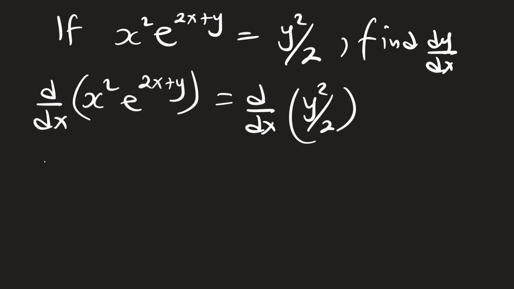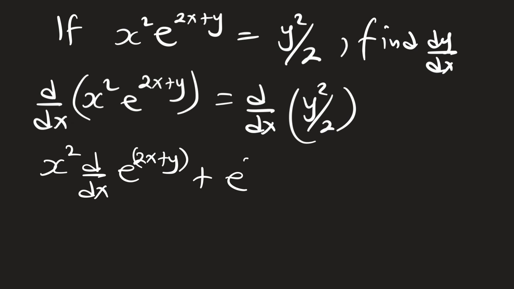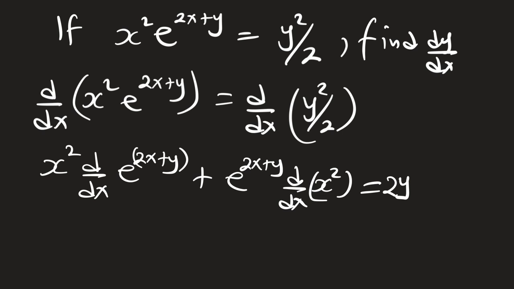So you keep x squared constant and take the derivative with respect to x of e to the 2x plus y, then plus keep e to the 2x plus y and take the derivative with respect to x of x squared. The right hand side will give us 2y over 2, which is y, dy/dx.